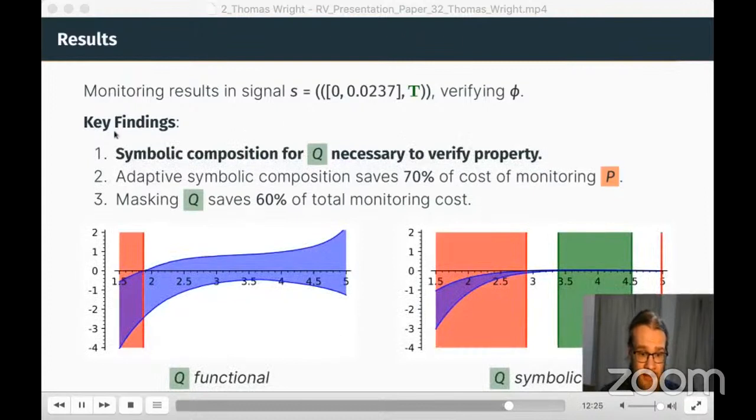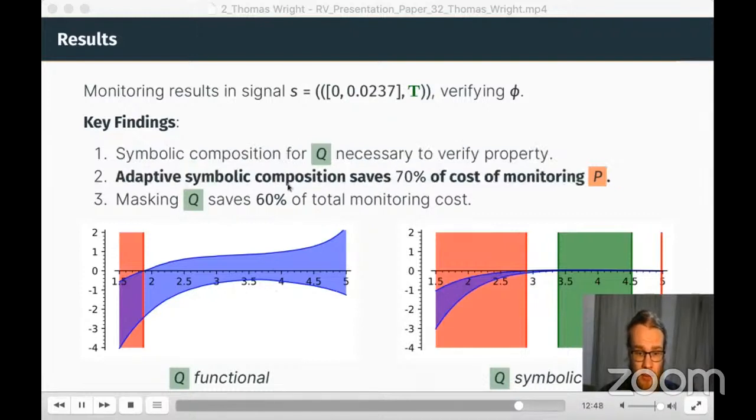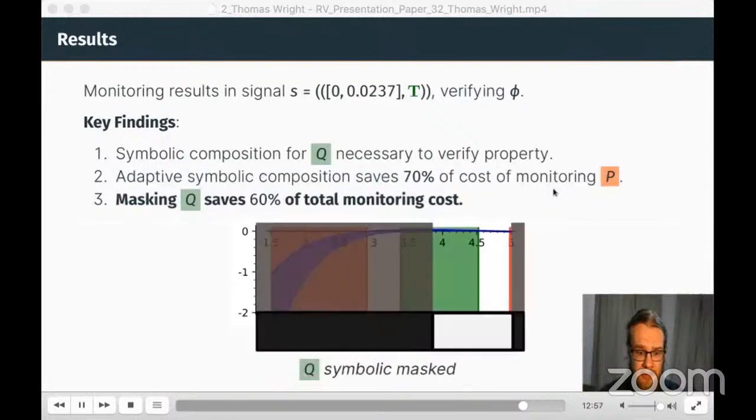We found that symbolic composition for Q was indeed necessary to verify the overall proposition. If we look at our cruder functional composition over approximation of the value for Q, this gives a much wider range of uncertainty, which proves insufficient for verification. When we applied adaptive symbolic composition for monitoring P, this saved 70% of the monitoring cost.